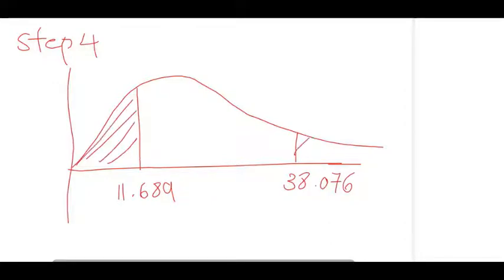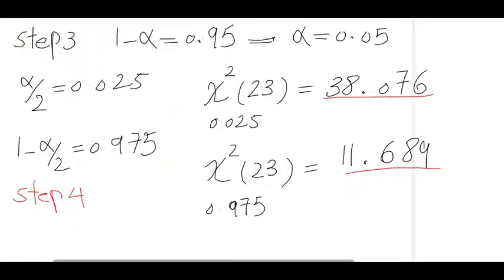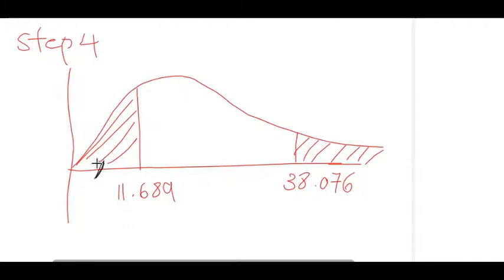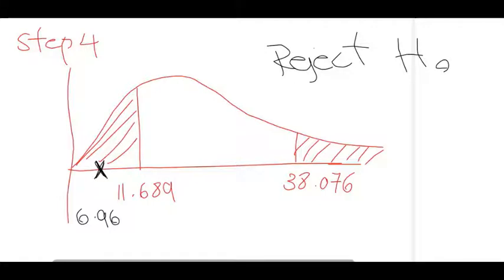So this is the rejection region, and the test statistic is 6.96. So 6.96 is here, so the result is rejecting H0.